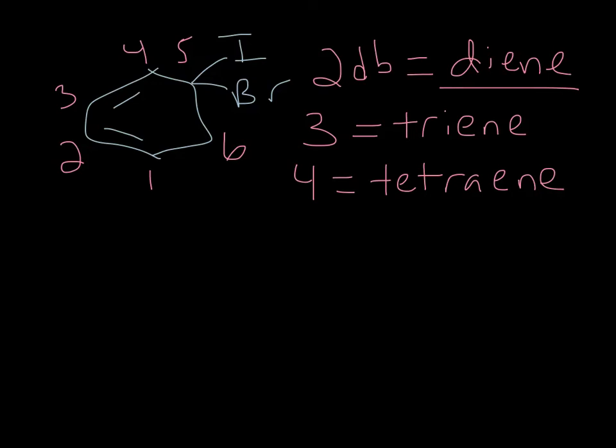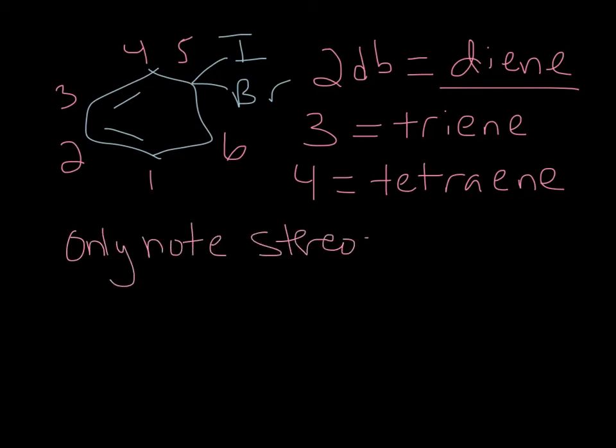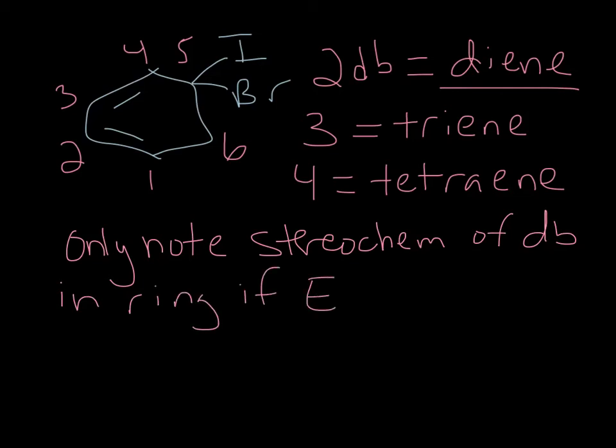So we don't really note the stereochemistry of double bonds in rings unless it is E, because usually it's Z. So if it's not noted, it's assumed to be Z. If it is noted, we would do that if it was E. So we can say, only note stereochemistry of a double bond in a ring if it is E. Otherwise, it'll be assumed to be Z.